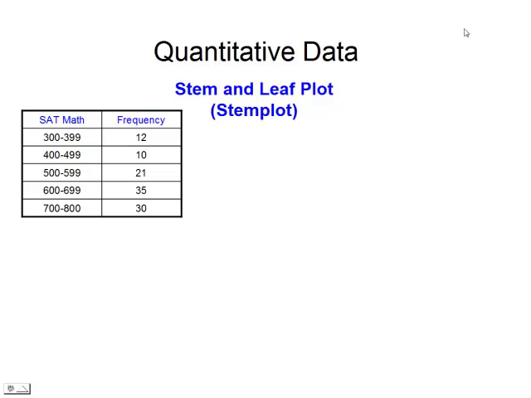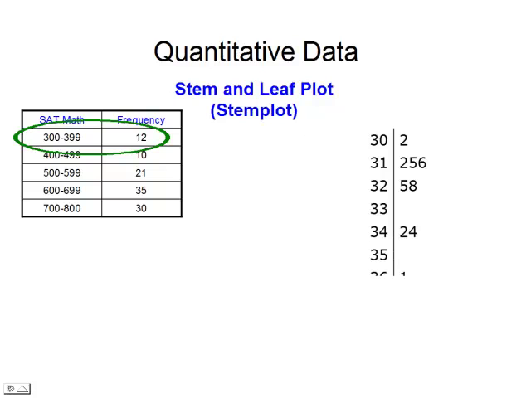Another way you could graph quantitative data is with a stem and leaf plot, also known as a stem plot. Let's take the numbers 300 to 399. We have 12 people that were in that range. And what we're going to do is take the first two digits of our data. We're going to go 30, 31, 32, and so on. That is the stem.